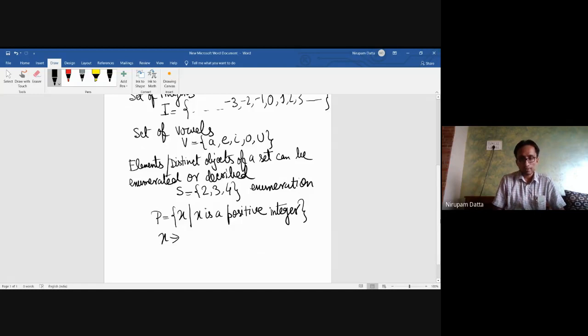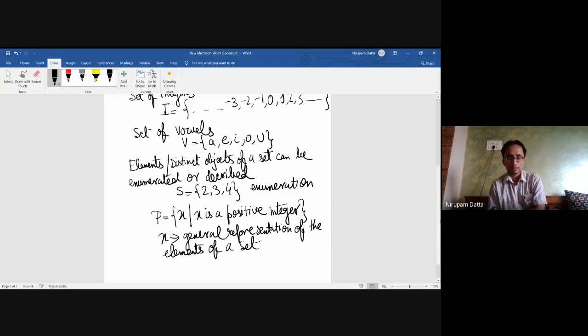So x is nothing but a general representation of the elements of a set. This vertical bar separates this general representation of the elements from their description. On the right hand side of the bar, we have the description of the members of the set. On the left hand side, we make a generic representation of the elements of a set.